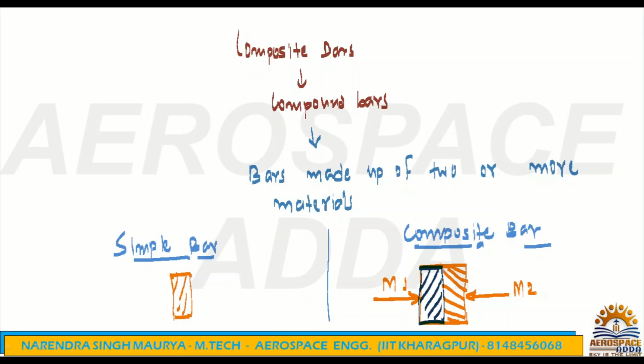Consider one composite bar, and if a load is applied to this bar, obviously this bar is not made of a single material, this is a composite bar, hence both material 1 and material 2 will share the load.